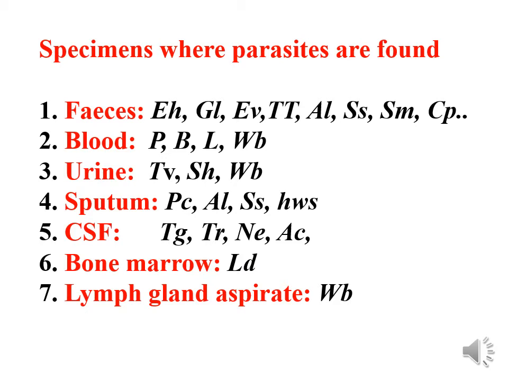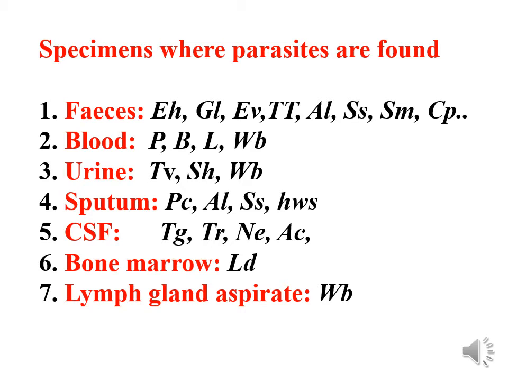We said mainly the common specimens which usually come to the laboratory on a daily basis are maybe the feces, blood and urine, but I'm just going to show you a longer list which can come occasionally to the laboratory. I'm here giving precise examples of parasites.